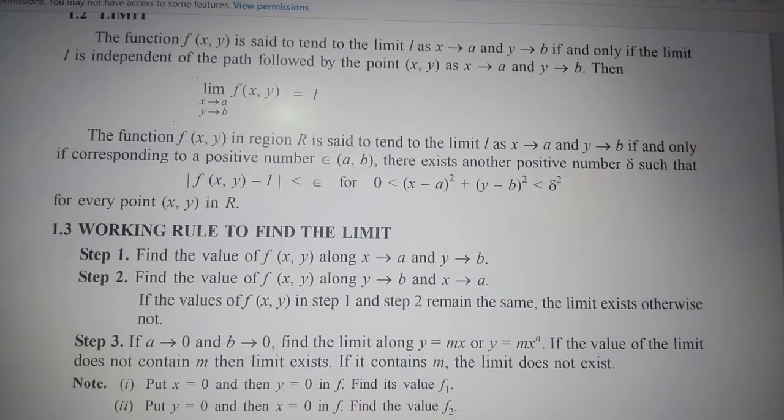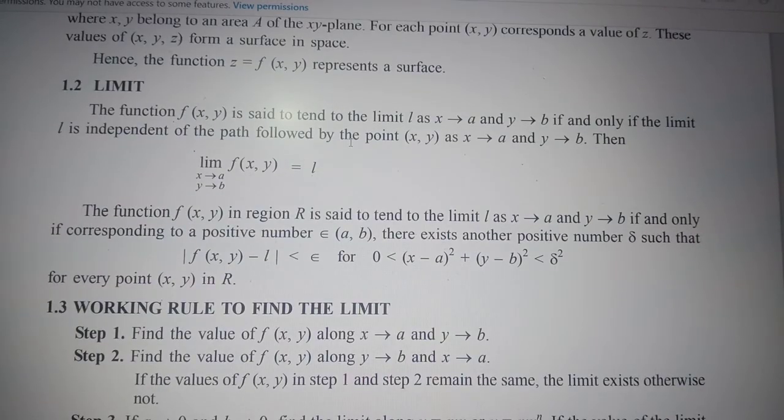And what do you mean by limit? A function f of x comma y is said to tend to the limit L as x tends to a and y tends to b if and only if the limit L is independent of the path followed by the point x comma y as x tends to a and y tends to b.